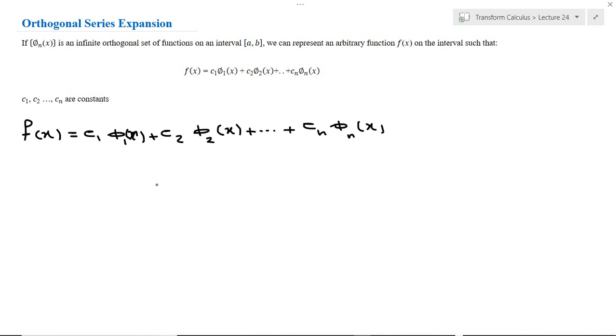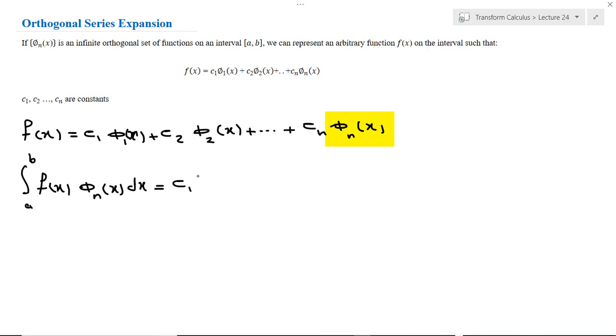If I want to find cn, for example, what I have to do is multiply left and right hand side of the equation by phi n(x), and then I take the integral from a to b from left and right side of the equation.